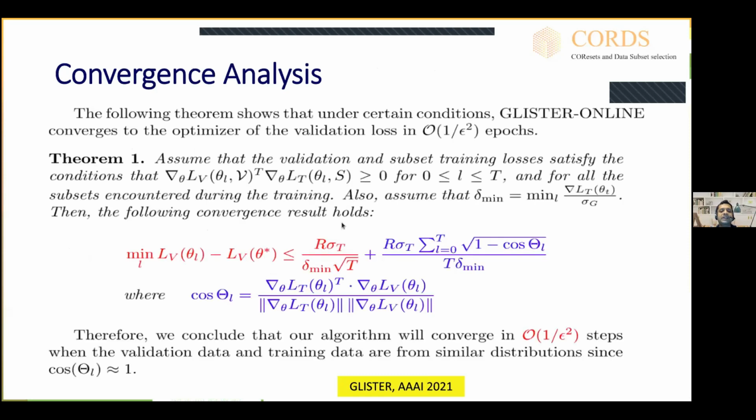What's interesting is that under certain conditions, Glister Online converges to the optimum of the validation loss in 1 by epsilon square kind of epochs. And the upper bound that we get for the difference in the validation loss with respect to the optimal parameters has this interesting cos theta, which measures the dot product between the training likelihood gradient and the validation likelihood gradient.